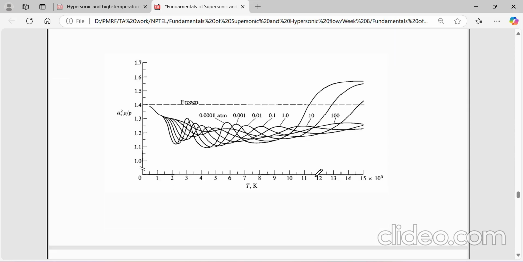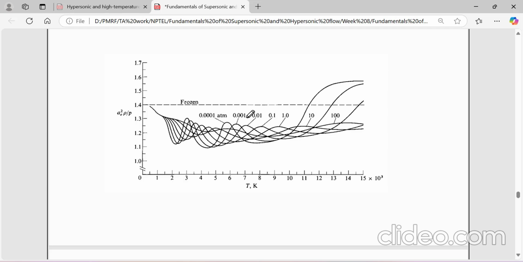Now let's see a plot of speed of sound versus temperature. Speed of sound A square P by rho by P. So for frozen flow, it will equal to 1.4 for air, but for the equilibrium flow, it will depend on different pressures.